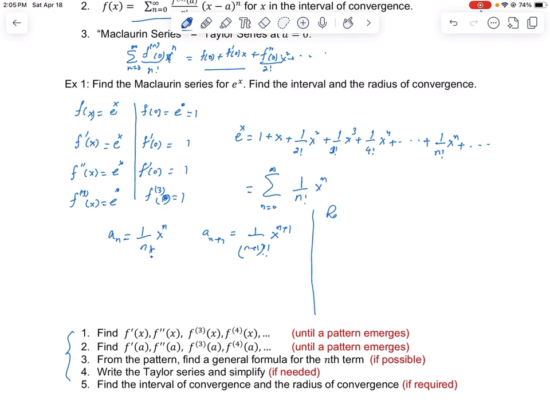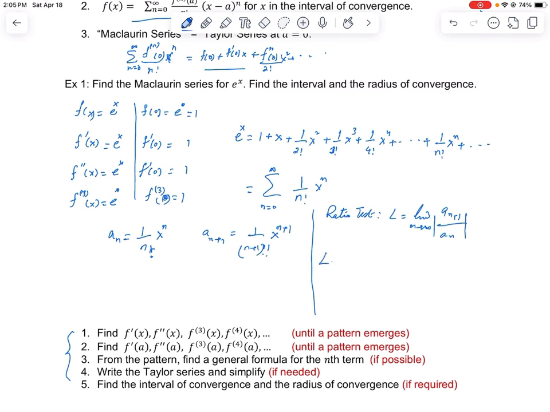Ratio test: L equals the limit as n goes to infinity of a_(n+1) over a_n.